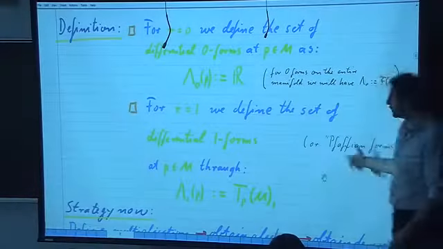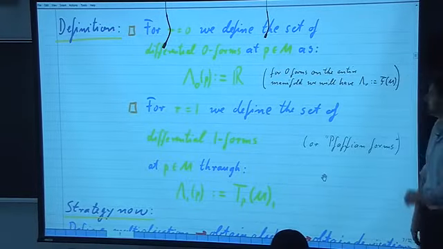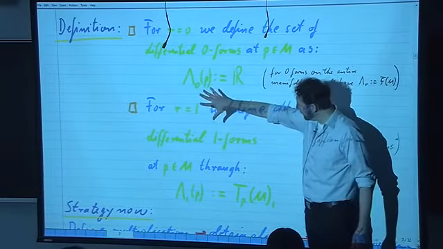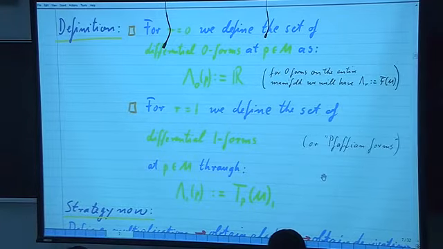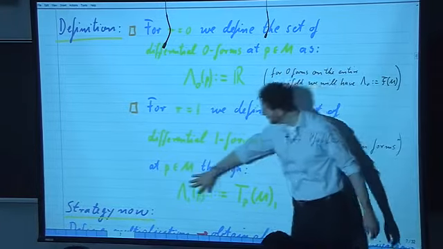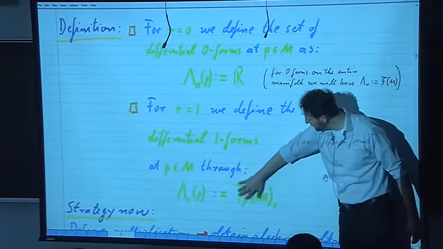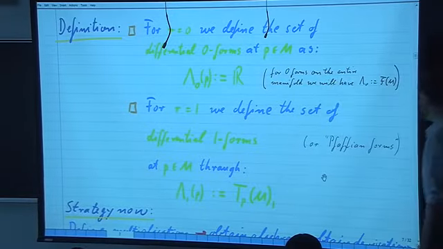But if your integral is one-dimensional, the Jacobian is just a number. There's no determinant in there. There is nothing to antisymmetrize. The space of differential 1 forms is directly just the cotangent space. I could also write this as T_P M star, or a 1 down there, same thing.